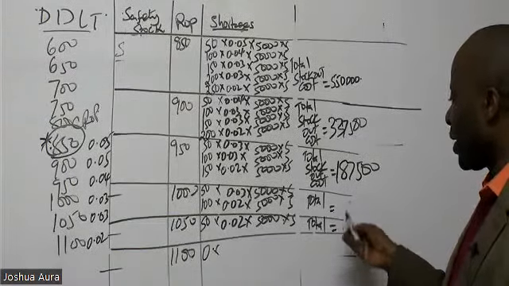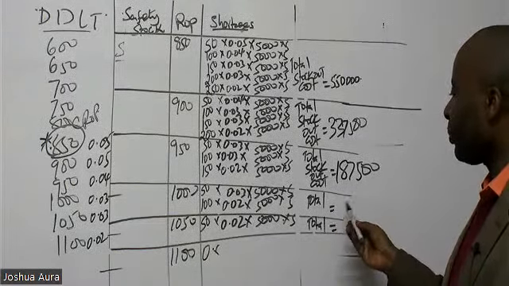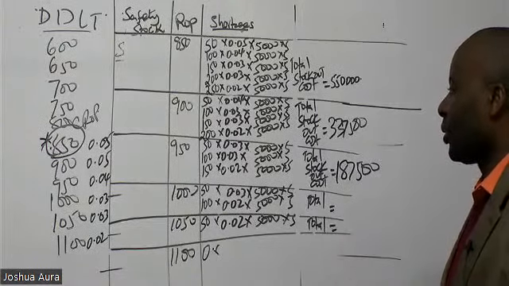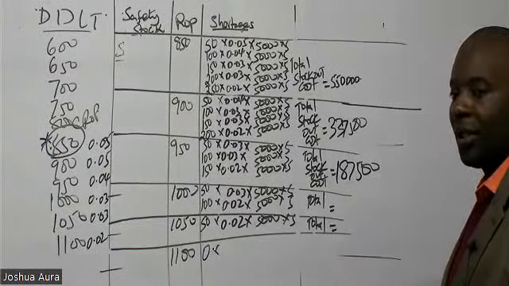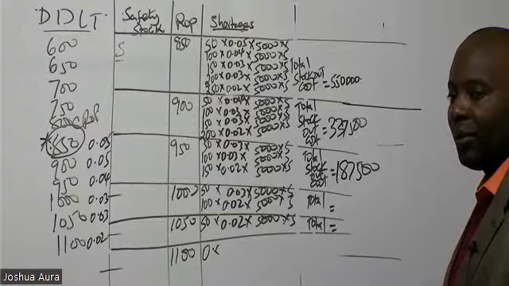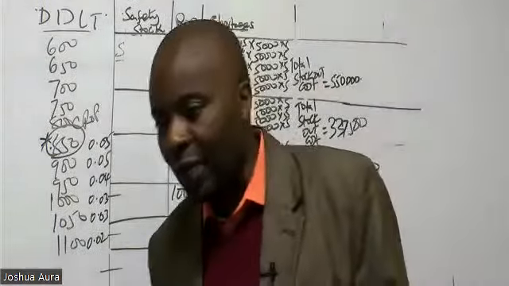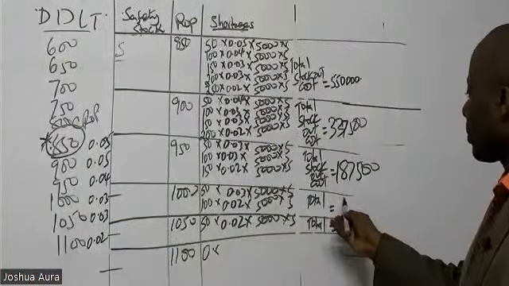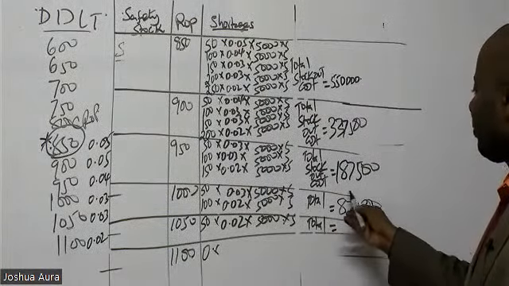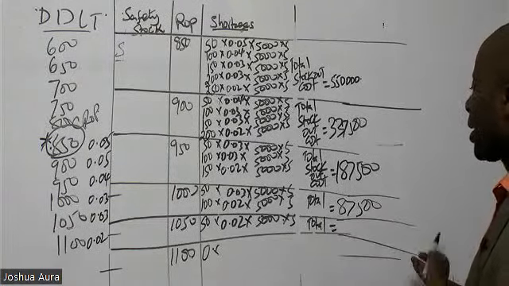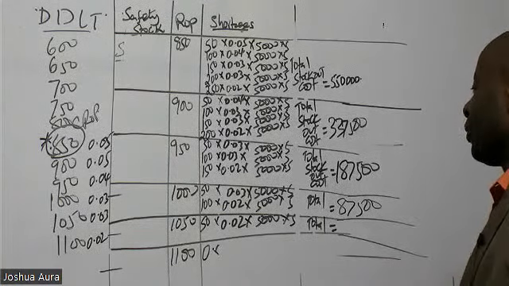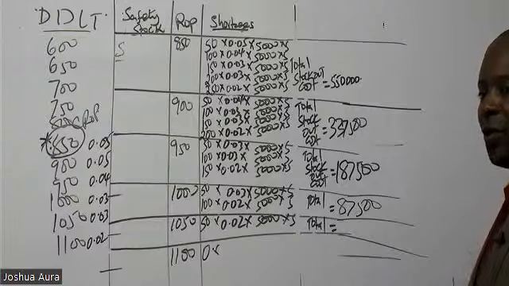Is there somebody who can give us a figure here? This one here. Total for 1,000 is 87,500. All right. And then for 1050, what do we have there?